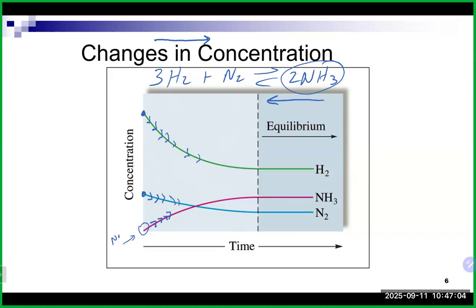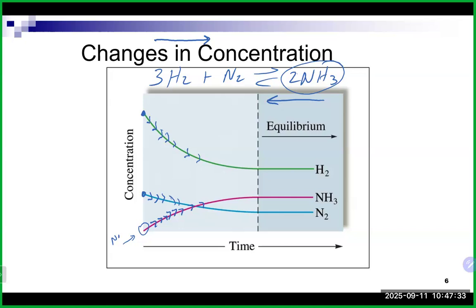It's not as steep a decrease. That's where a lot more of our products are going in the other direction. And its increase also starts to slow down a little bit. It's not just going linearly up. We're making some products, but not as much as we were. That's because at this point, we have everybody heading in both directions. We've got the forward direction and the reverse direction happening.